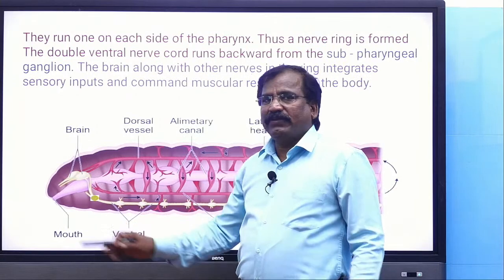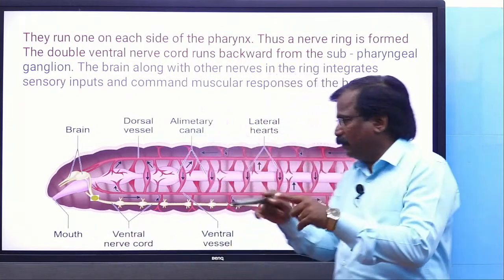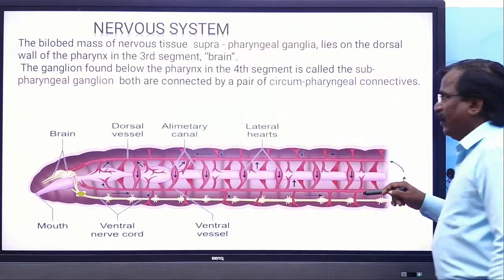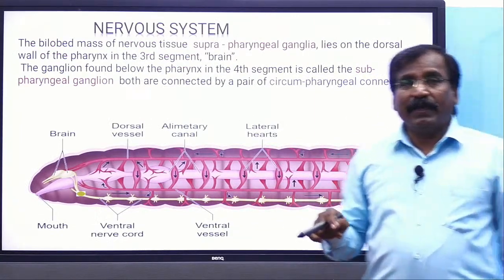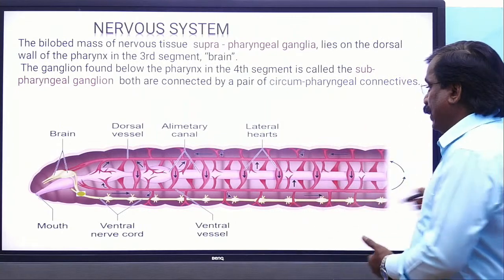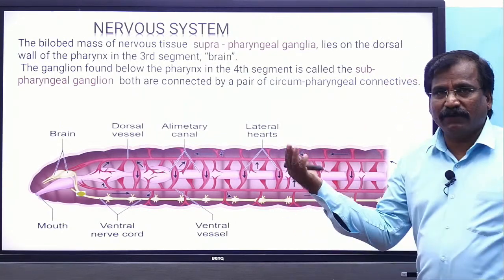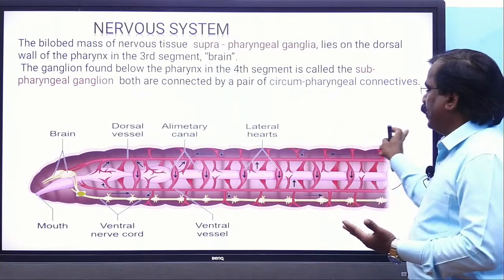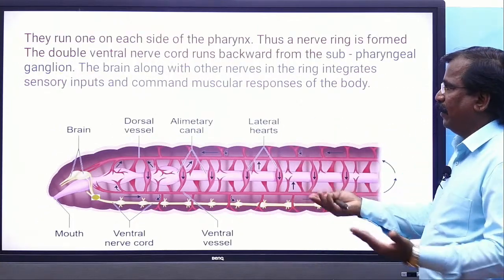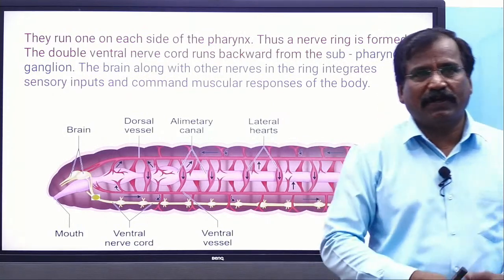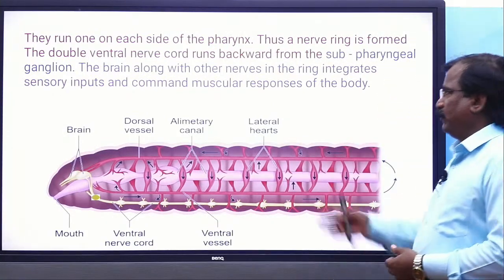Both are connected by the circumpharyngeal connectives, and from the subpharyngeal the ventral nerve cord arises, which runs the entire length of the body. Segmentally arranged ganglia supply nerves, which receive signals and give commands, that is the responses for the various actions. Okay, that's all.